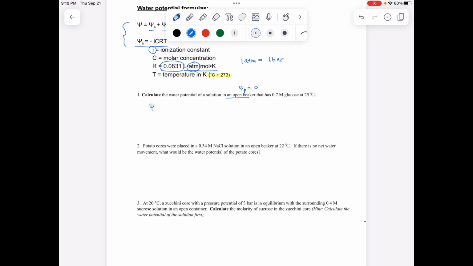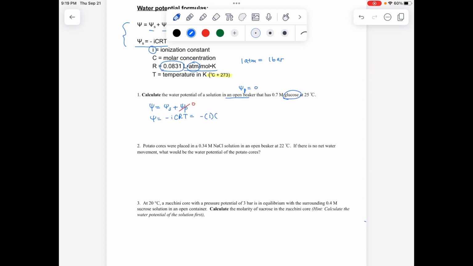Okay, so let's go ahead and calculate the solute potential and the pressure potential. We already said that the pressure potential must be 0 because this is an open beaker. And now the total water potential just becomes solute potential, which is negative iCRT. So the ionization constant of glucose will be 1 because glucose is a molecular compound that does not ionize in water.